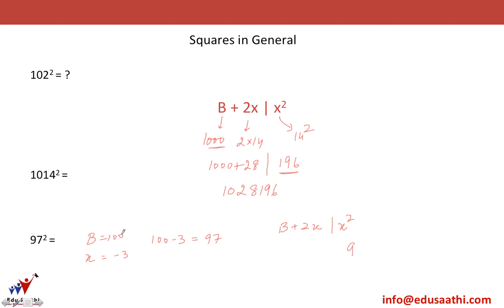But since the base has 2 zeros, after the slash I need to have 2 digits, so this comes out to be 09. Base plus 2x means 100 minus 2 into 3, which is 6. So this gives me 9409 as the answer. This is minus 6 because 2 into minus 3 is minus 6.